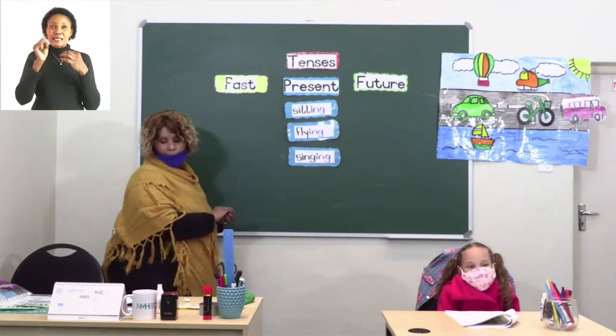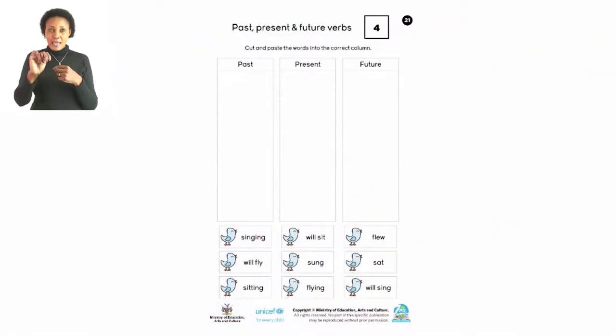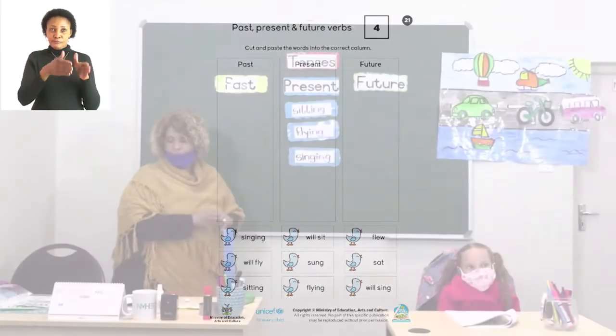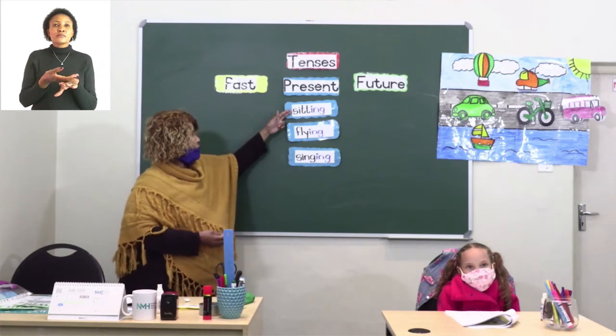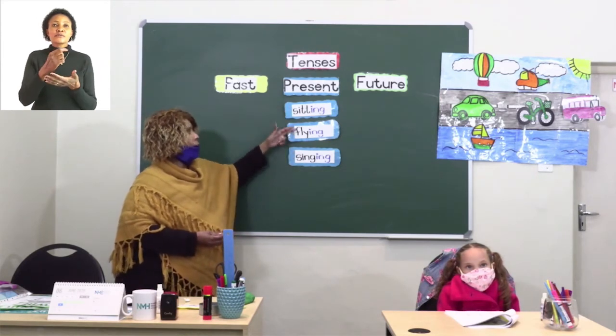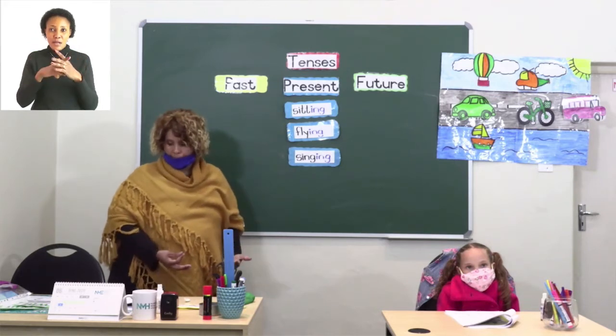If you turn to page 21, you will see what I'm talking about. You will see on page 21 that we have the present, the past, and the future tenses. Now coming back to our chalkboard again, we have placed already sitting, flying, singing under present because it's what we are doing at the moment.